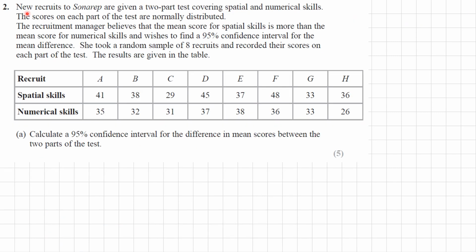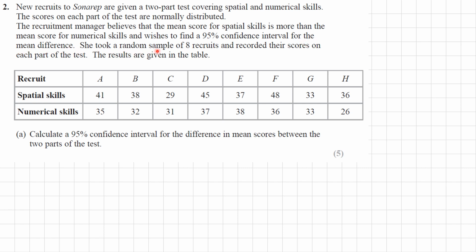Question number 2. New recruits to Sonorep are given a 2-part test covering spatial and numerical skills. The scores on each part of the test are normally distributed. The recruitment manager believes that the mean score for spatial skills is more than the mean score for numerical skills and wishes to find a 95% confidence interval for the mean difference.